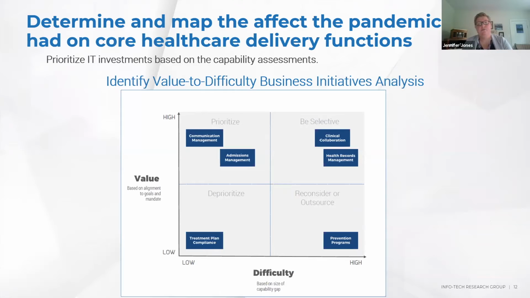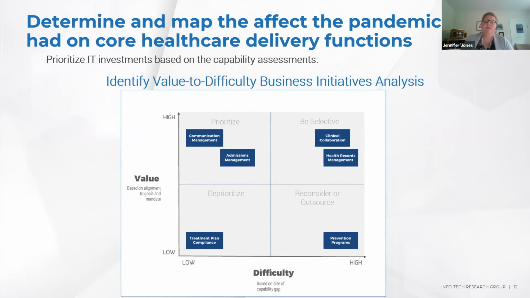So whether they should be prioritized, selectively engaged with, deprioritized, or outsourced. In this map, what you see is that communication management and admission management is something that is of high value and low difficulty, and therefore can be prioritized.